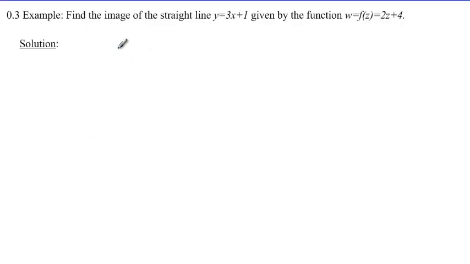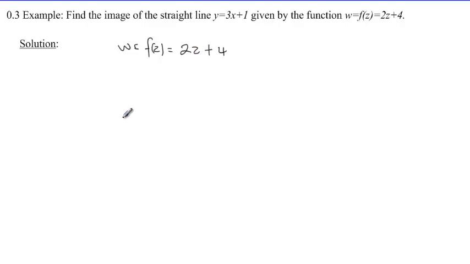We have here that omega is equal to f of z, which equals 2z plus 4. Please notice that this line is a line on an xy coordinate, and the points on the xy coordinate can be identified as complex numbers. So each point on this line is some kind of z.